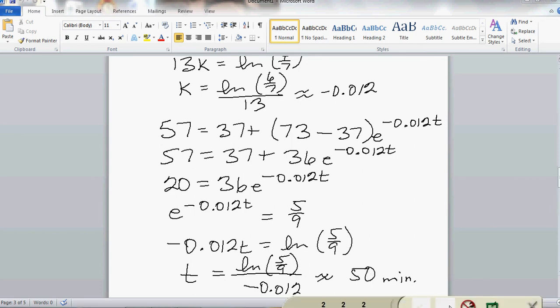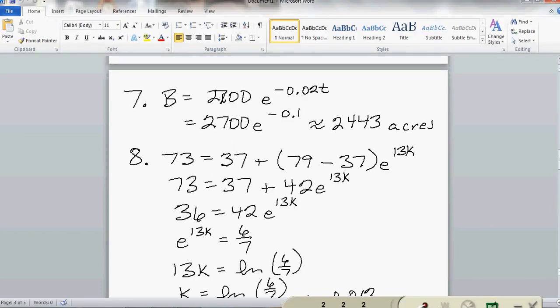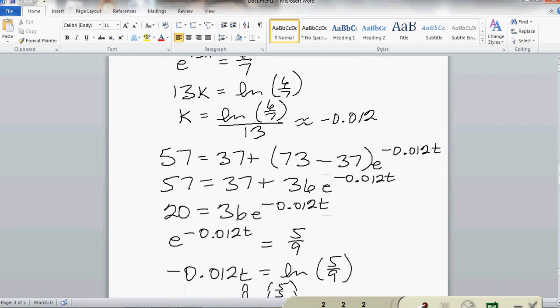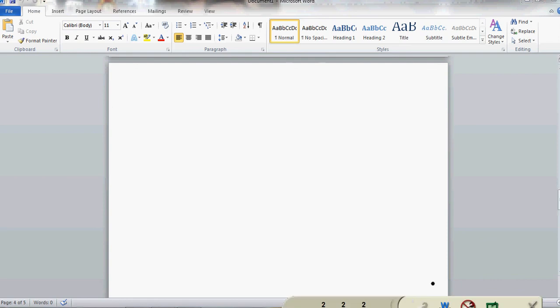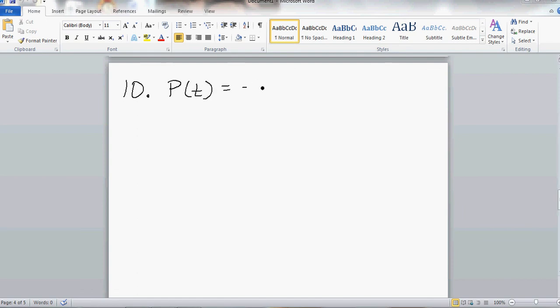And finally, we end with logistic models. If you understand one concept of this, it's going to make your life a whole lot easier. First of all, we have this model: 270 over 1 plus 32.75 e to the negative 0.192t.